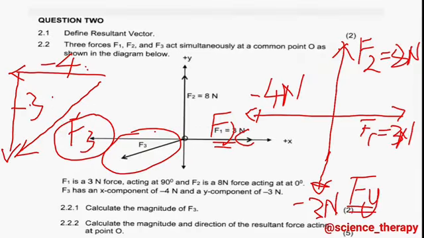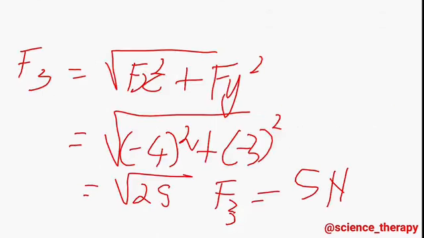Now let's check 2.2.2. It says calculate the magnitude and direction of the resultant force acting at point O. Now we know we must first calculate the net horizontal component and the net vertical component.